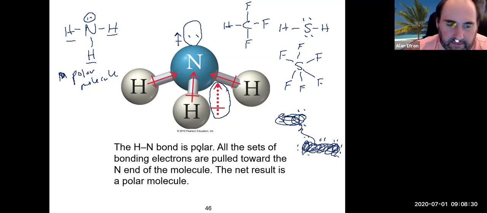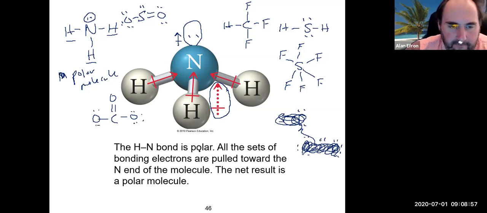Let's do the other one I was going to draw. I'll decide which one I want to draw here. Let's just do this one here. Okay, so take a couple of minutes here, and for each of these, decide whether or not these molecules are polar or non-polar. And I'll do one more. Let's do this one.